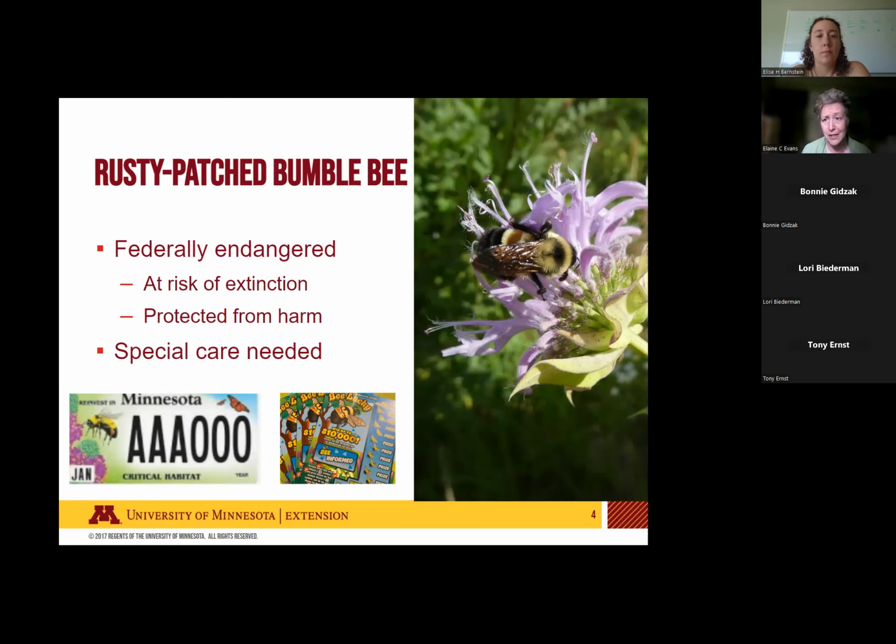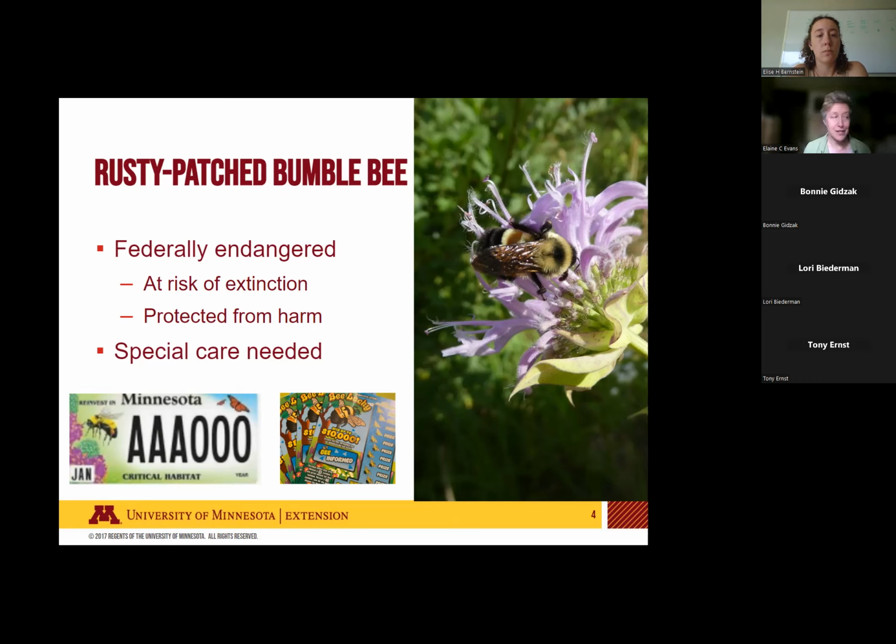So Rusty Patch Bumblebee is federally listed as endangered. It was listed in 2017. There is a whole recovery plan that's been formed for them, but their populations are low. They are at risk of extinction. But we do commonly see them, especially in southeast Minnesota, here and there, kind of patchy spots where they can be regularly found.